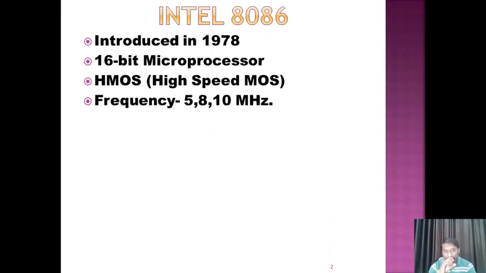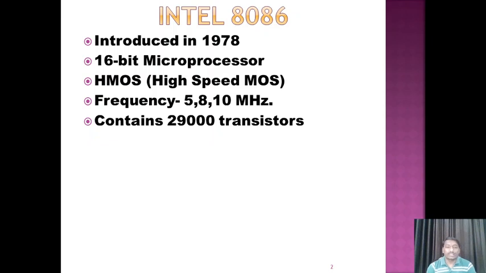The frequency, if you remember, in Intel 8085 was 3 megahertz, but here the clock frequency is 5, 8 or 10 megahertz depending upon the version. There are several versions of Intel 8086, so it varies between 5 to 10 megahertz for different versions.